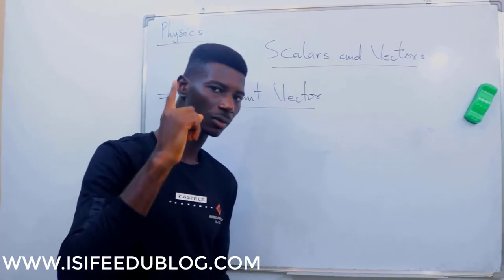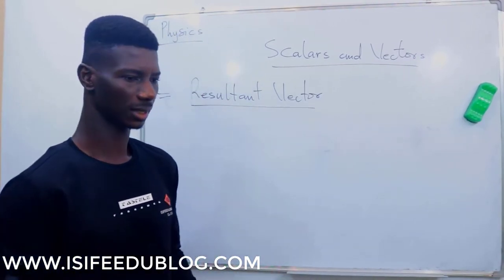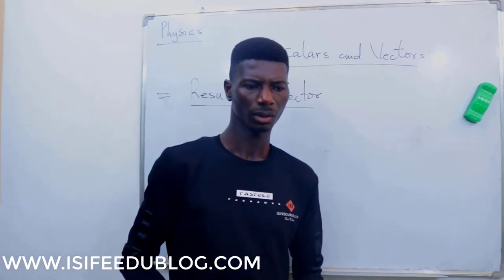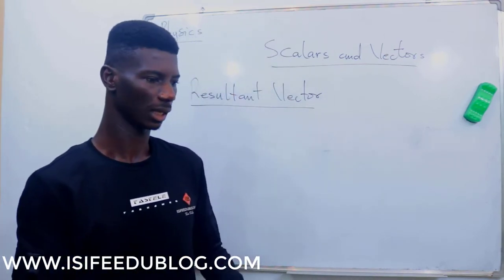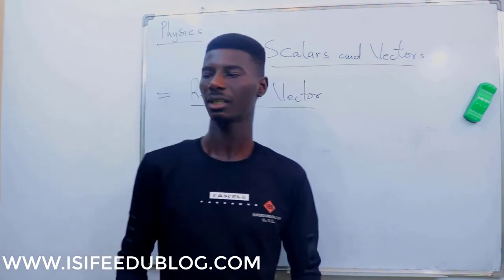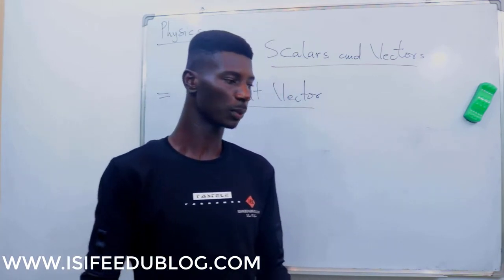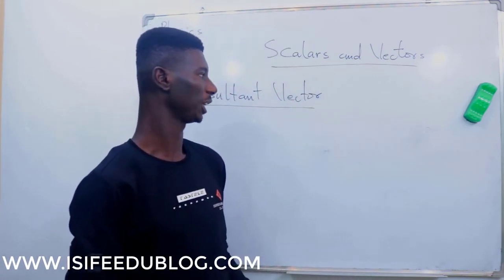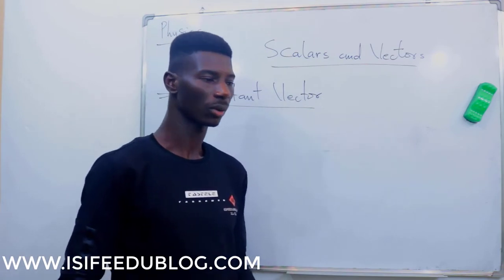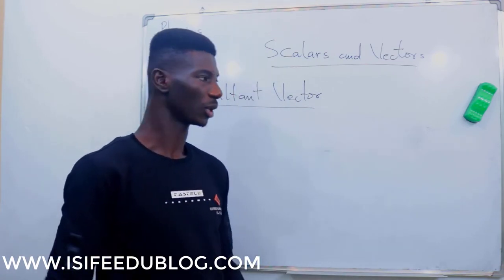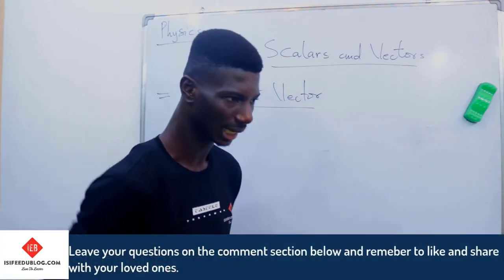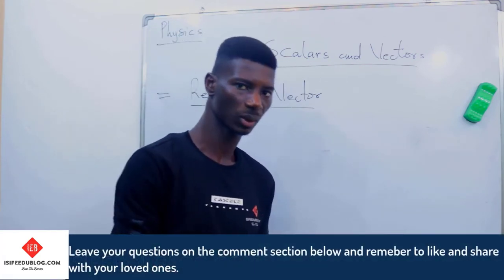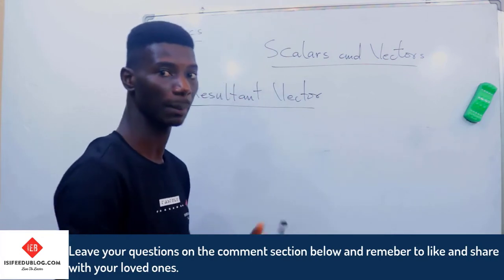Let's take, for instance, a car that is parked, and the driver needs to move the car. He needs people to push the car for him, and he calls 4 people to help him push the car. Now they are applying forces.